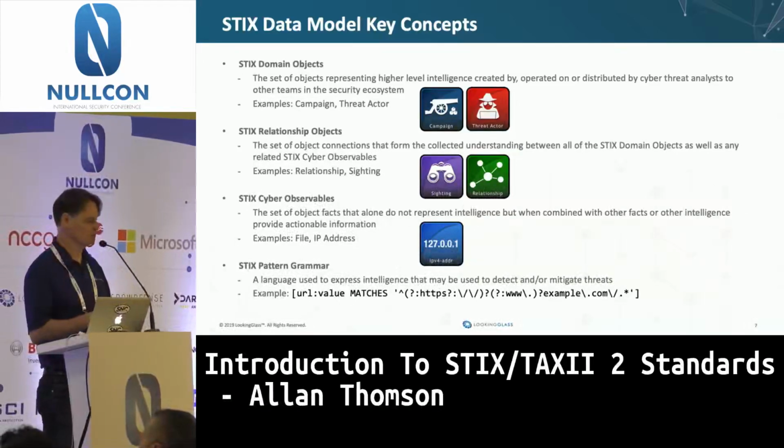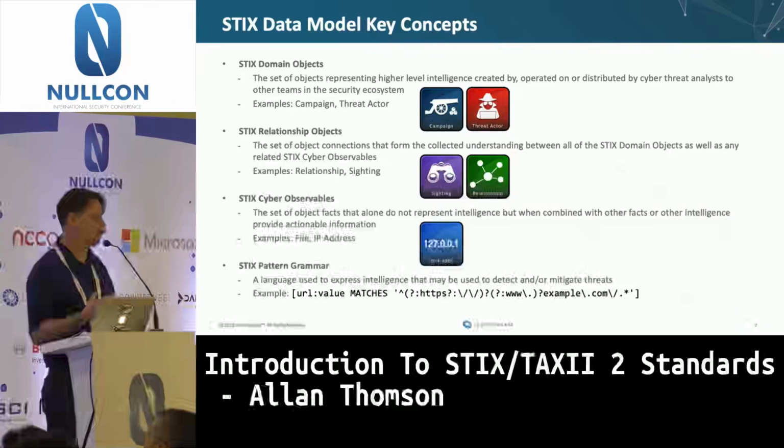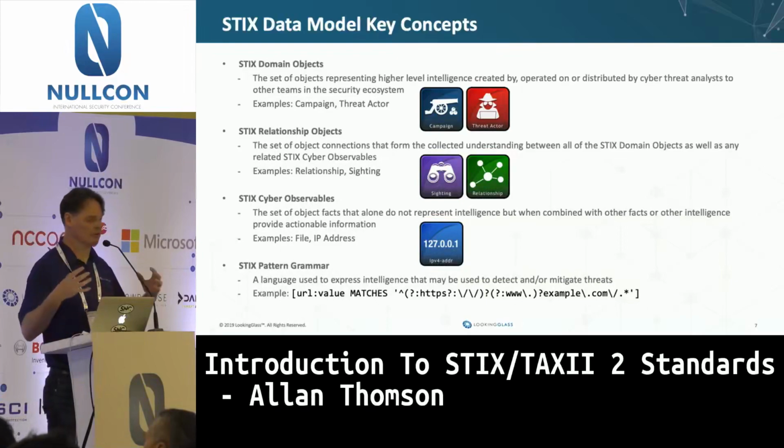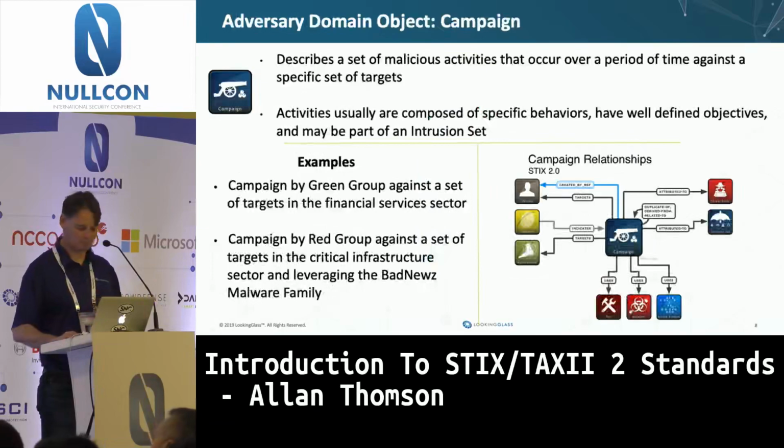There's relationships. So the construct of being able to connect individual pieces of information together that builds a greater picture. Cyber observables, as I already said, and then pattern grammar.